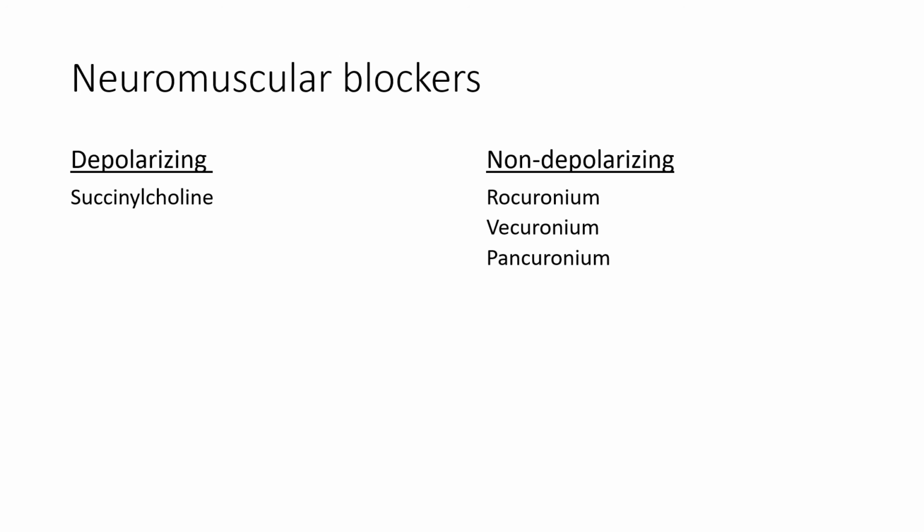These do now, okay? Sugamadex. And what they do is they just bind directly onto these molecules, rocuronium or vecuronium or pancuronium, and they render them inactive. And then the neuromuscular junction can perform as normally with the acetylcholine.